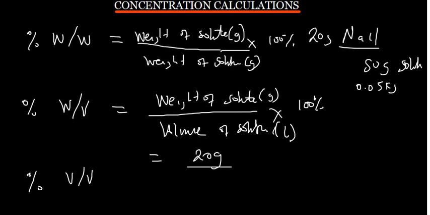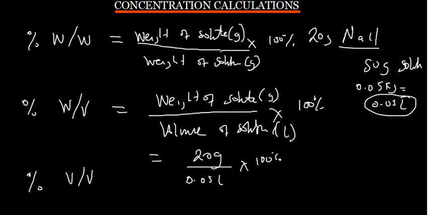So 50 grams is the same as 0.05 kg. Now since the density of water is 1 kg per liter, if you have got 0.05 kg, this means that you have also 0.05 liters. So this is the volume of solution. Make sure that it is in liters and then multiplied by 100%.